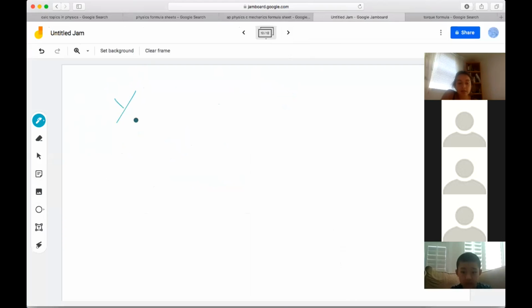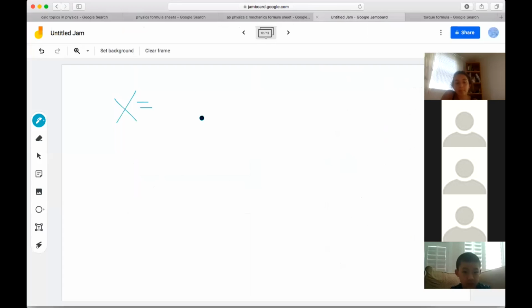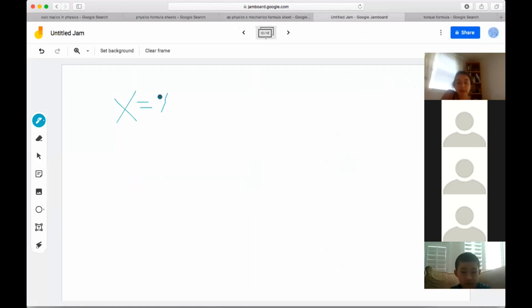So x equals x max cosine omega t, and x max is basically just the maximum it will stretch before it comes back to equilibrium. And equilibrium is basically just when it's in the middle and it's balanced. And depending on the problem, it might actually not be cosine, but you'll see later in other videos.